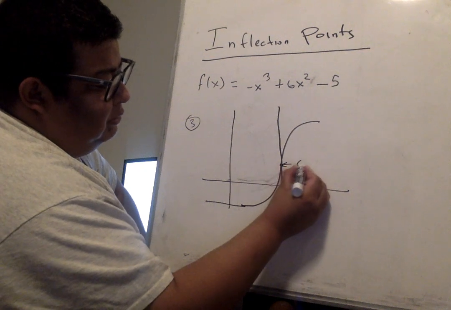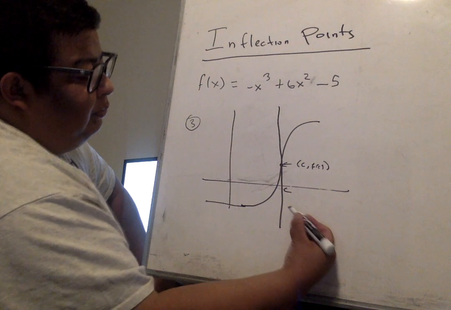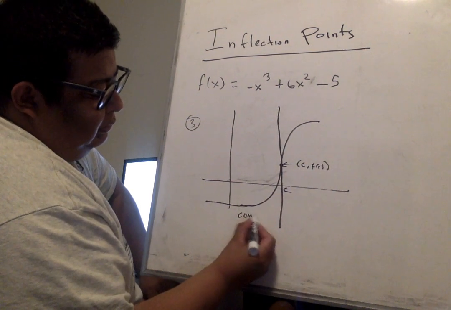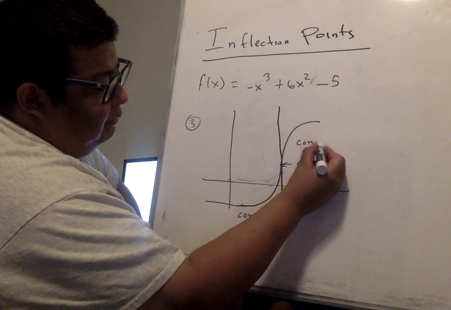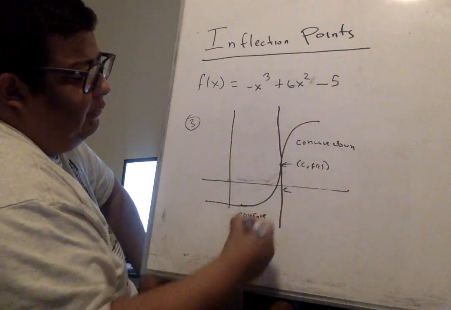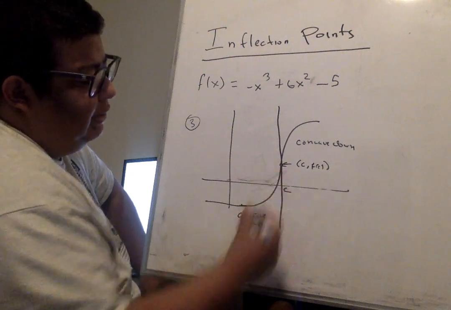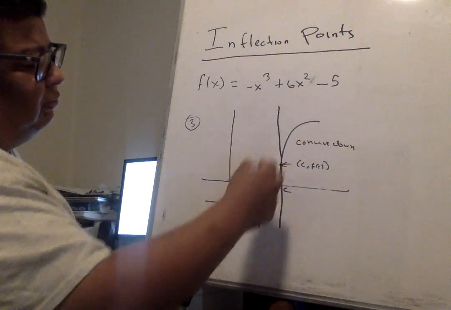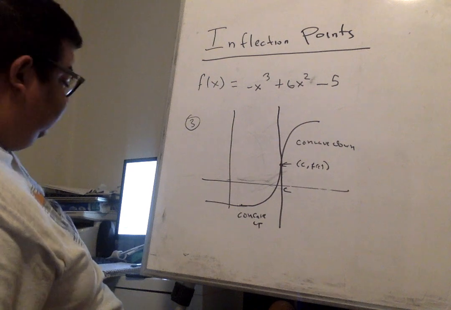So here's your c, f of c, and this is an inflection point because here we're going concave up and here concave down. So that means that we're switching. Whenever we switch, that means that that's an inflection point, but the tangent line has to exist there. So it could be horizontal, vertical, or going up. Those are the 3 that I show you so far.